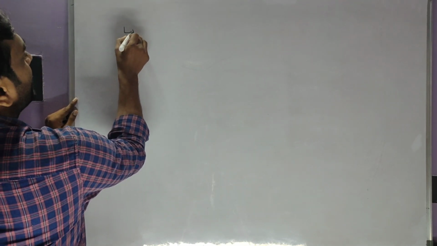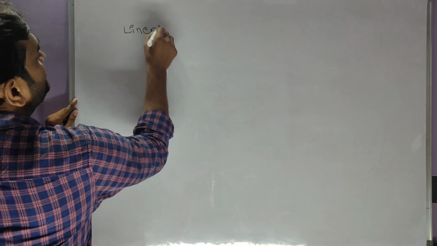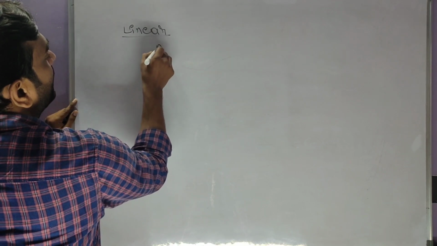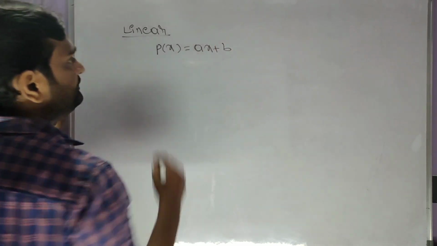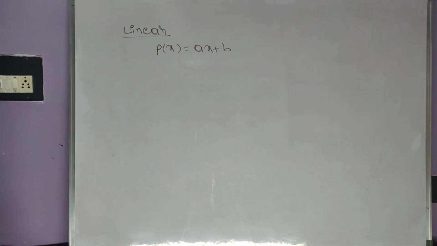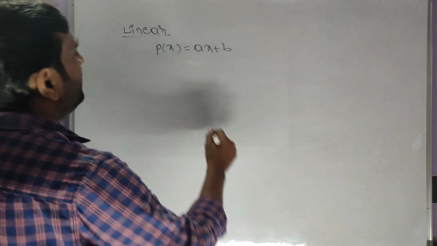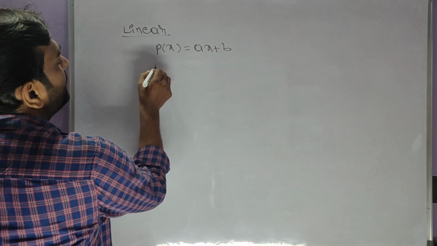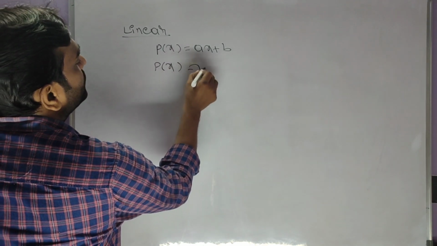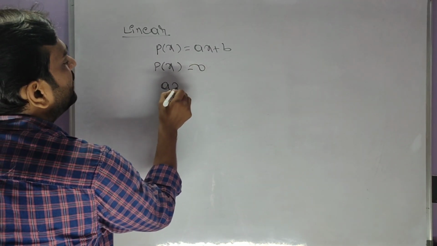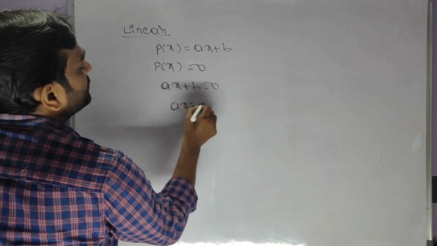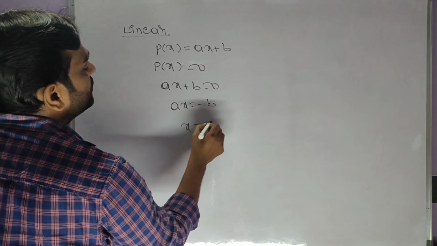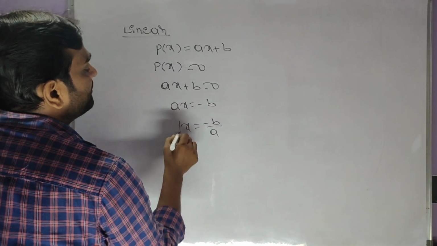Listen, linear polynomial: P of x is equal to ax plus b. To find zeros of the polynomial, P of x equal to 0, nothing but ax plus b equal to 0, ax equal to minus b, x equal to minus b by a.